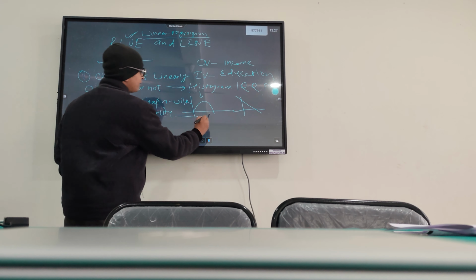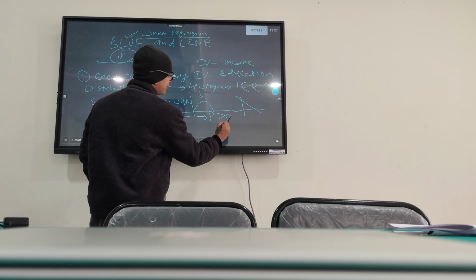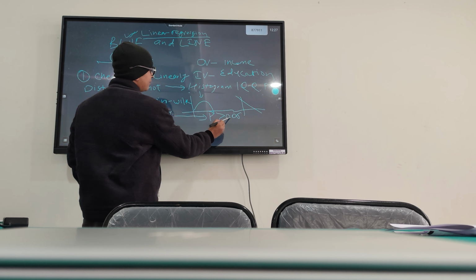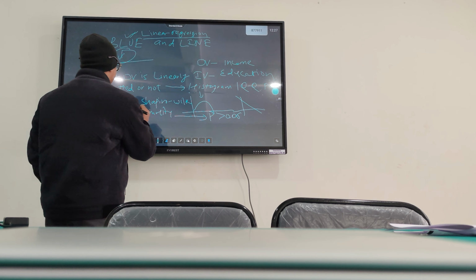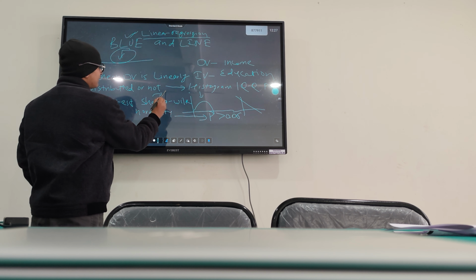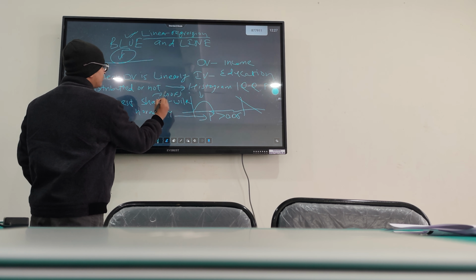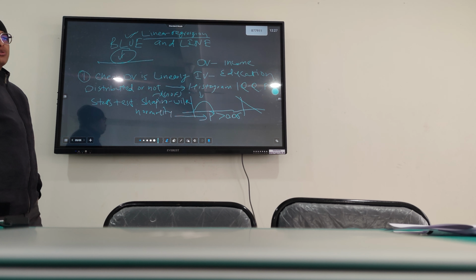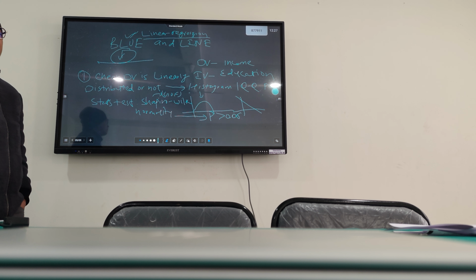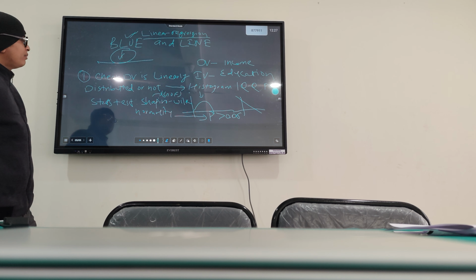What does it say? If the p-value is greater than 0.05, then it is normally distributed. This test can also be called a GOF test, goodness of fit. So the p-value should come more than 0.05; in that case it is confirmed normally distributed.